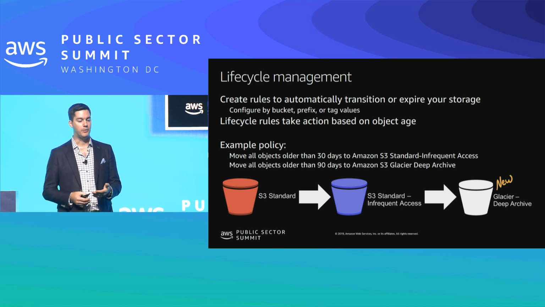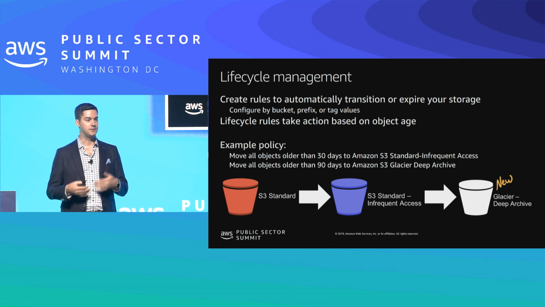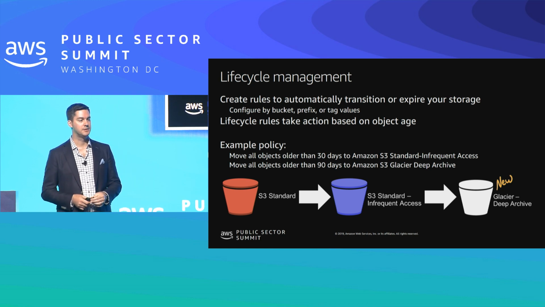I will say on that point, it is always more cost effective to identify the storage class that best fits your usage and go directly there. Every time you change storage classes, you do pay that per object request. If your objects are larger, that request tends to be less noticeable, but it is still there.